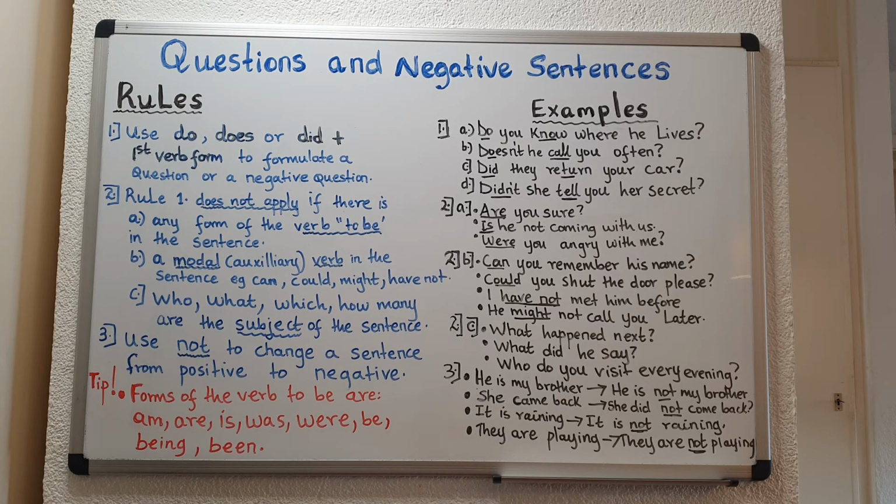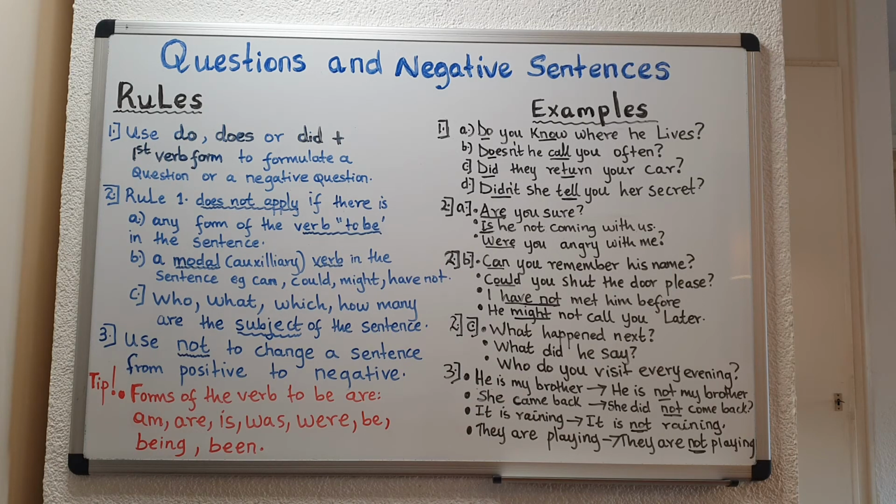The subject of a sentence is what the sentence is talking about. So if you have the words who, what, which, how many as the subject of the sentence, then you cannot apply rule number 1.